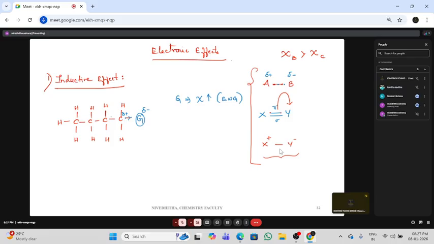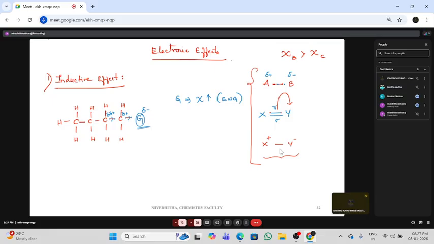Now this positively charged carbon will attract the shared pair of electrons towards itself. Though it is attracting the electron, it cannot pull the electron as strongly as this group G. Still it will attract. So this carbon will have a positive charge, but it is much lesser than the positive charge on this carbon atom.